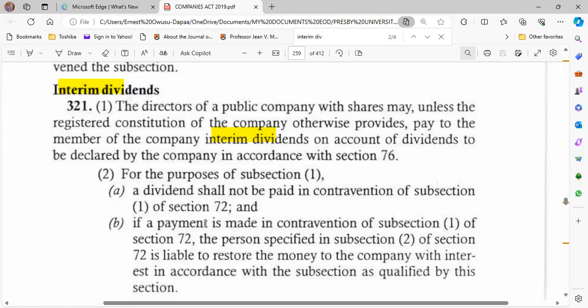And recently, when you get an alert and you say that the interim dividend has been paid, then a meeting is held. The AGM is held. After that, after some time, they will tell you that the final dividend, that is no longer interim, confirmed dividend, is paid. So that is what is contemplated by section 321.